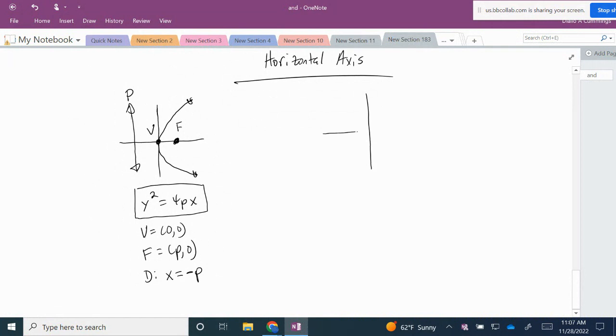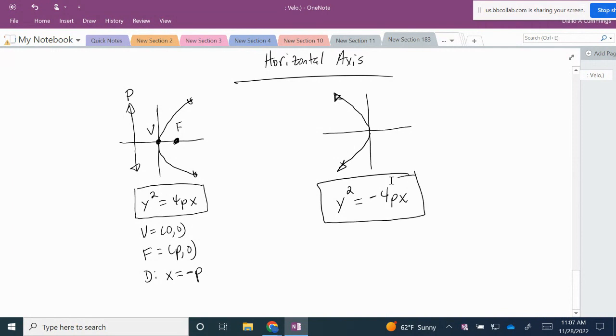The other model form is the reverse C shape. So if we're given this as a graph, the model form is y squared is equal to negative 4px. The vertex is 0, 0.